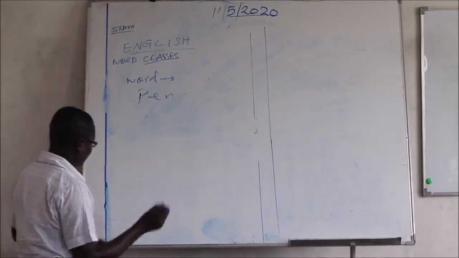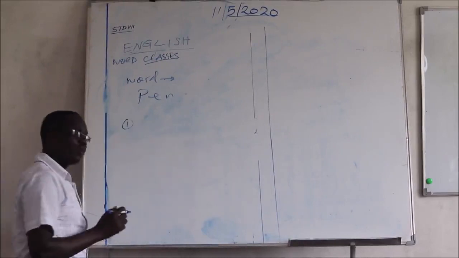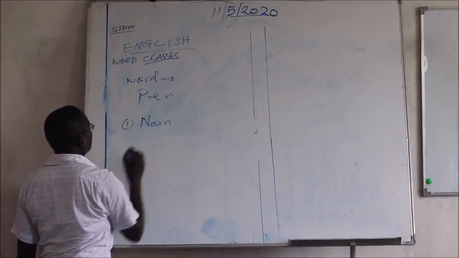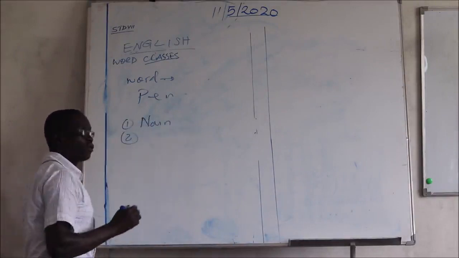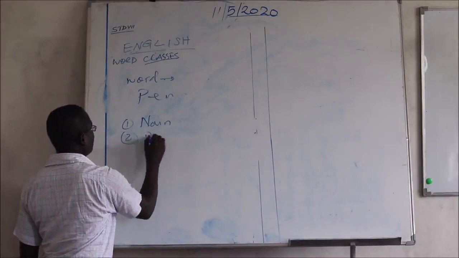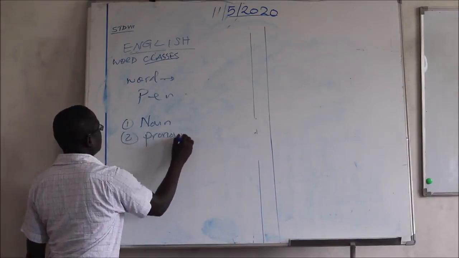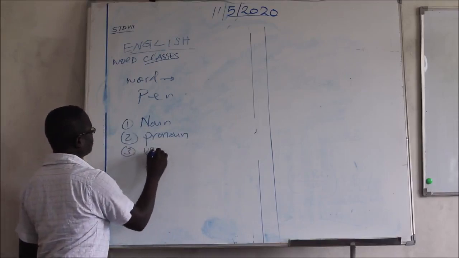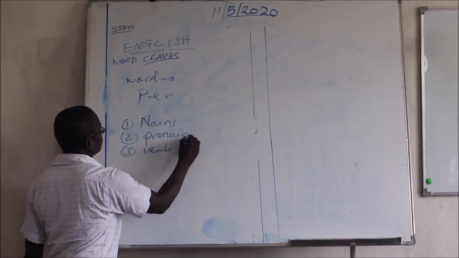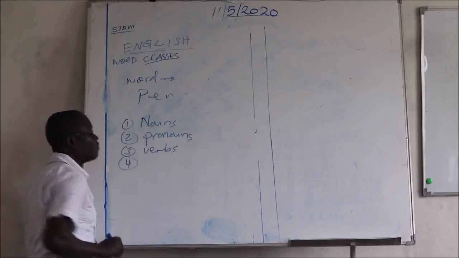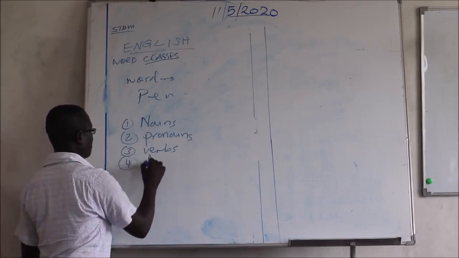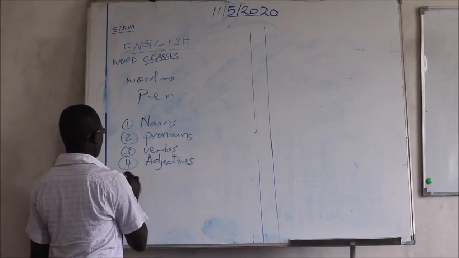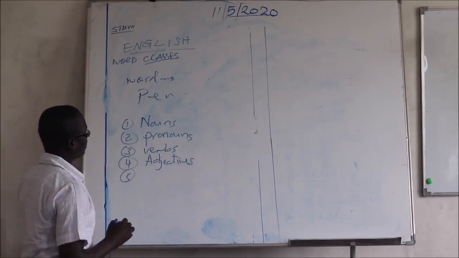Number one, we have noun. Number 2, pronoun. Number 3, verb. Number 4, adjectives. Number 5, adverbs.